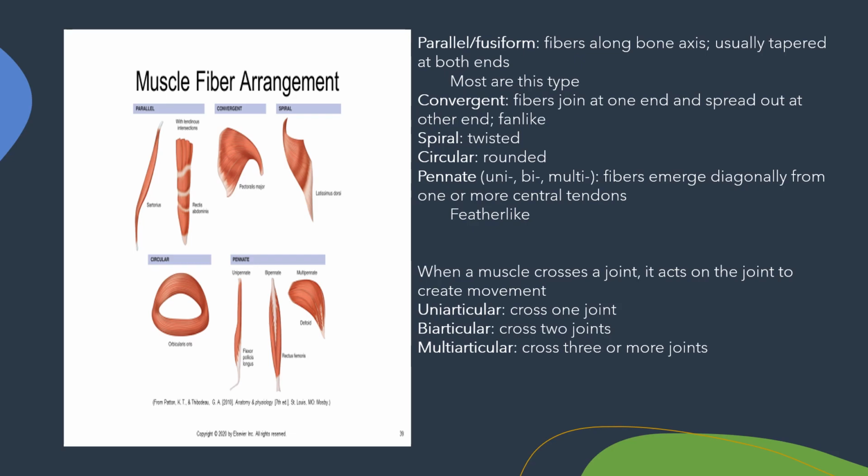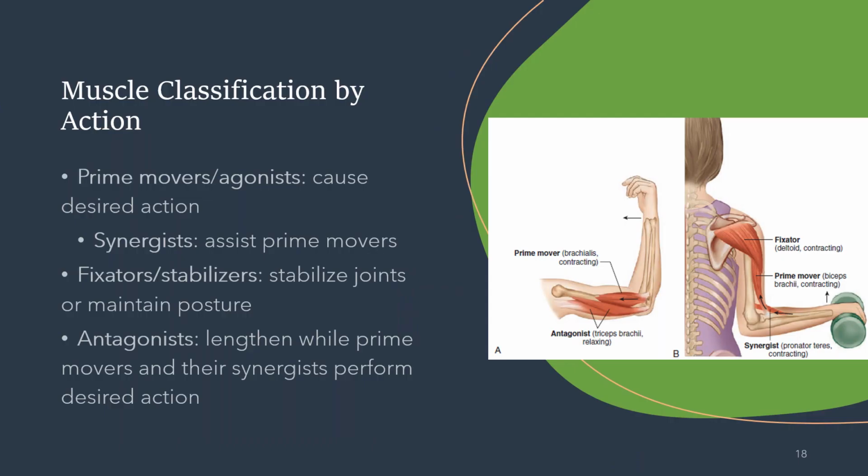So you can see those at the bottom. But then we also have what's on the top of page 405, how the actions are classified. It is a picture on the bottom of 405 for our fixator, our prime mover, our synergist, our stabilizer, and our antagonist.